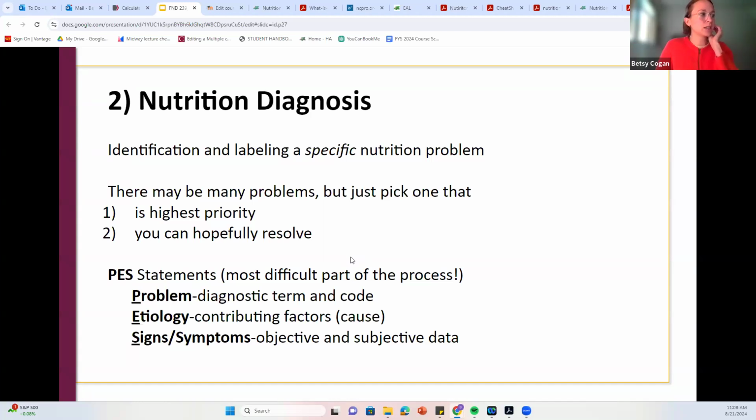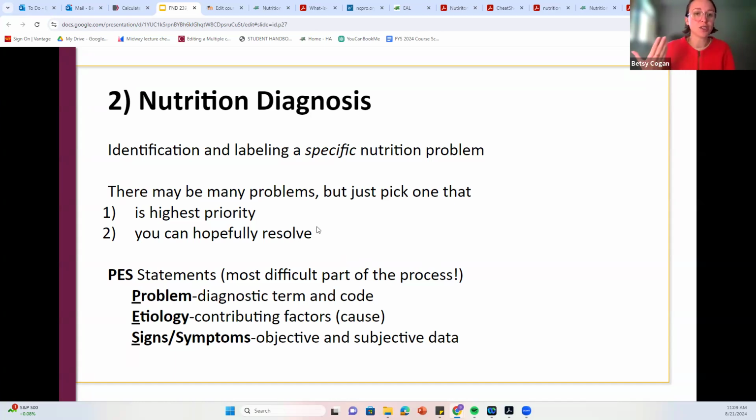So for nutrition diagnosis, right, there is specific terminology that we want to use. And oftentimes, clients don't just come in with one problem. So when we are deciding what to do for our nutrition diagnosis, we want to identify the nutrition problem that is highest priority.